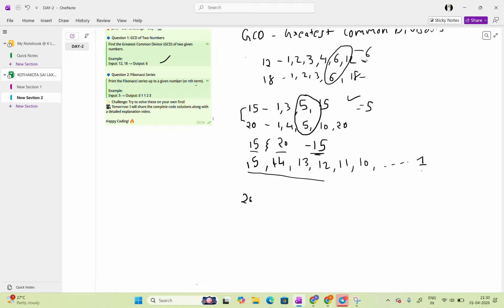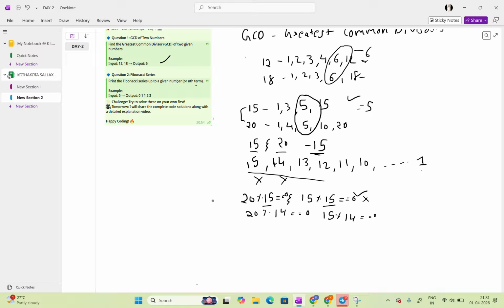Okay, so 20 modulo 15 and 15 modulo 15 must be equal to 0. So which number is satisfying? No, it is not satisfying the condition. Now I will take 20 modulo 14 equal to 0 and 15 modulo 14 equal to 0. This is also not satisfying.